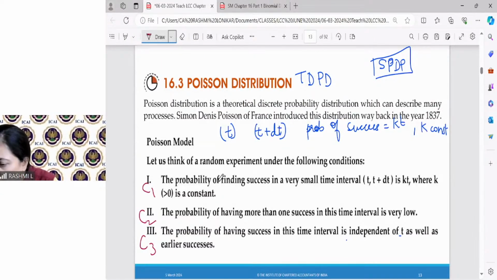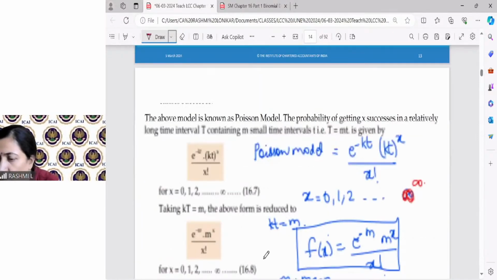C1 says the probability of finding success in a very small time interval is kt, where k is a constant. The probability of having more than one success in a time interval is very low, C2, and the probability of having success in this time interval is independent. Okay, so let us see the question.